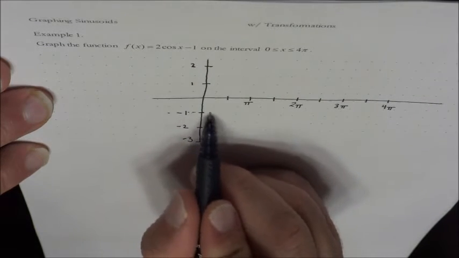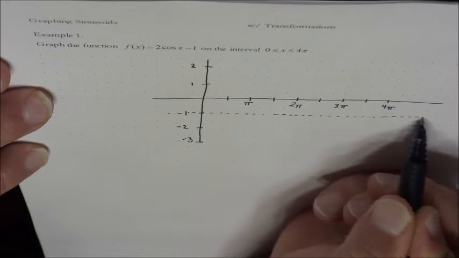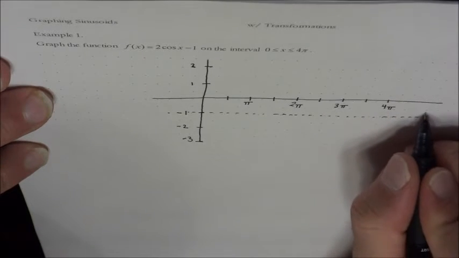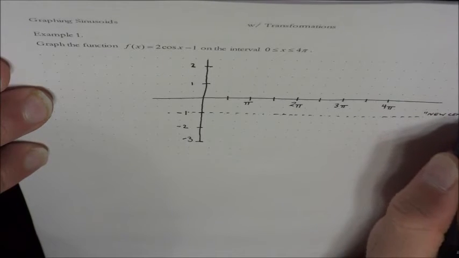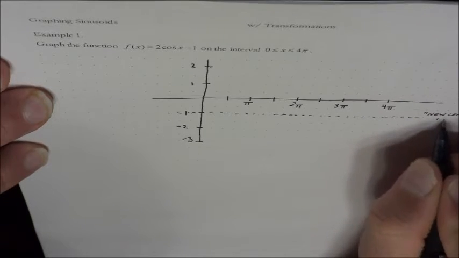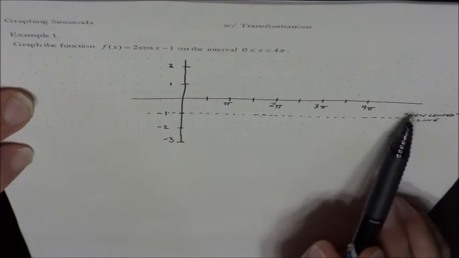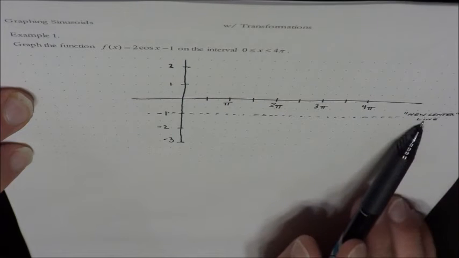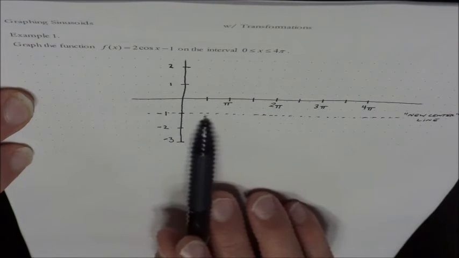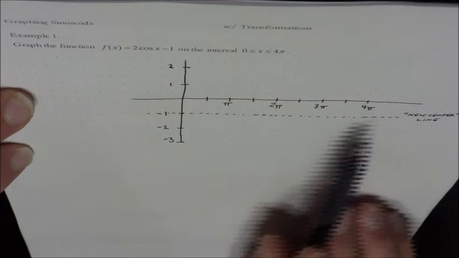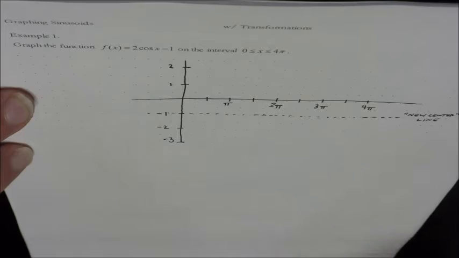And I'm going to come in and make what I'll call my new center line. It's not an official term. I just like to be able to think about it because when I draw my graph, I'm going to draw it as if this were the center of my cosine function.